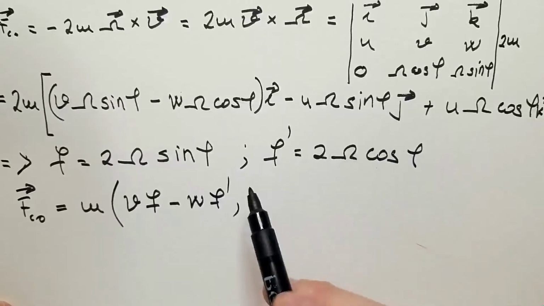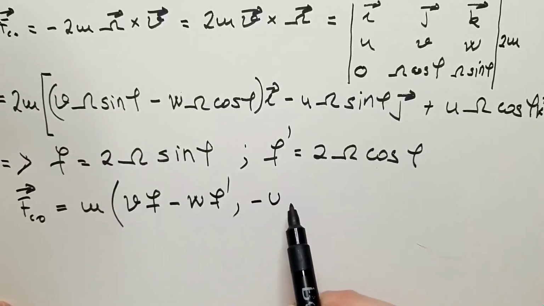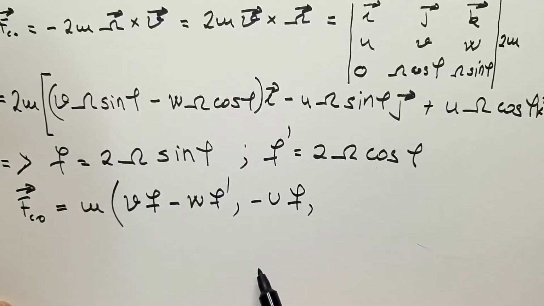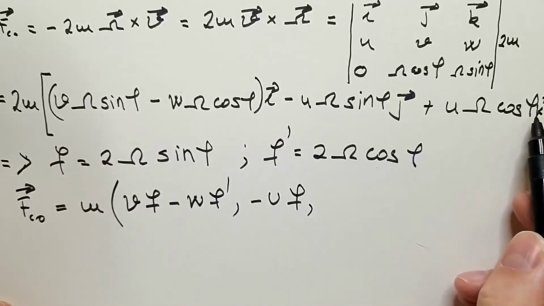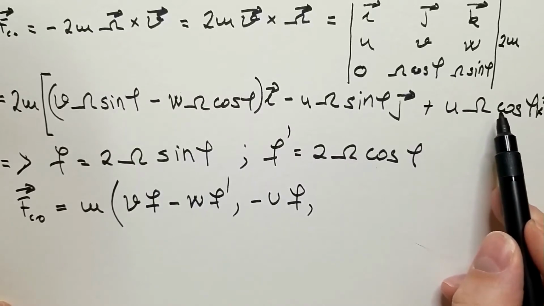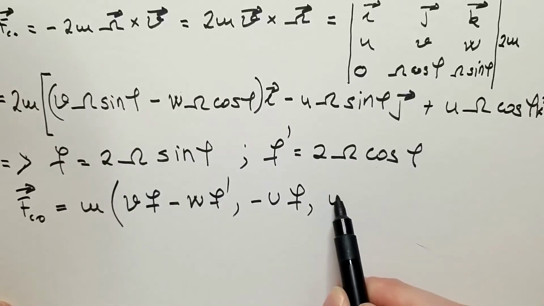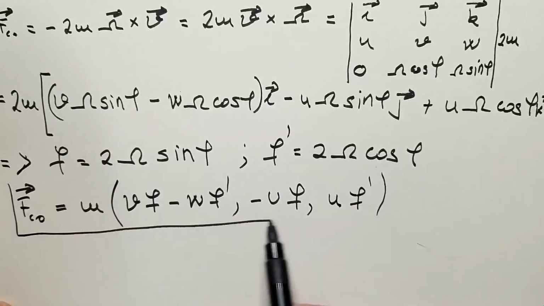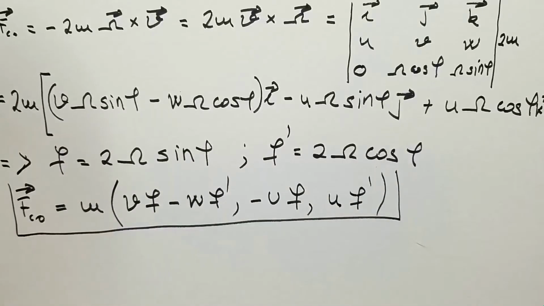The component in the j direction is clearly minus Uf, and the component in the vertical or k direction is clearly Uf prime. And this is the expression, or rather the components, of the Coriolis force.